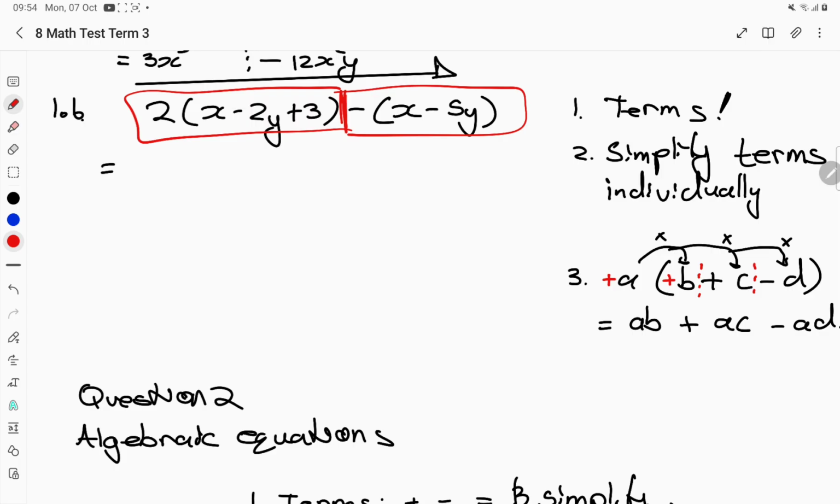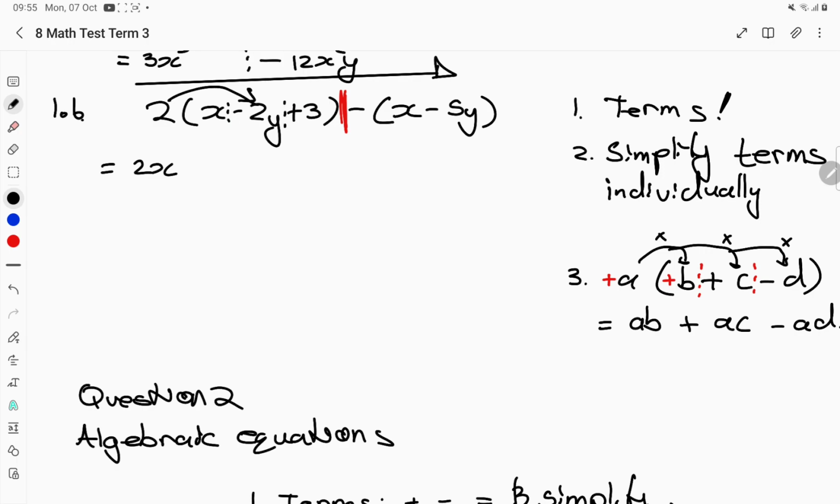So I'm looking at that first one, and then we take a look what's happening. So I'm going to multiply into this bracket over here. So it's going to be 2 times x, 2x, 2 times that negative 2y will be a negative 4y, and then 2 times the plus 3 is a plus 6.